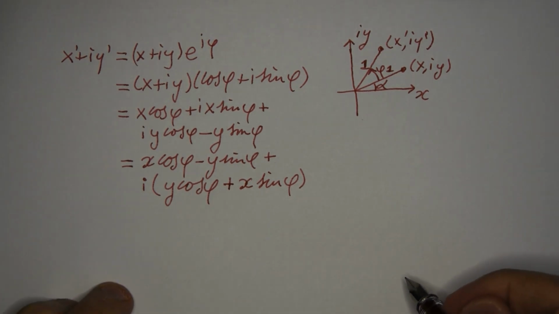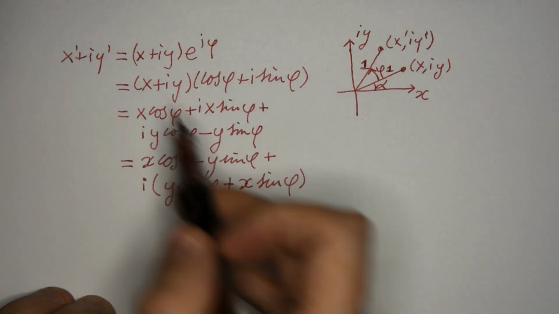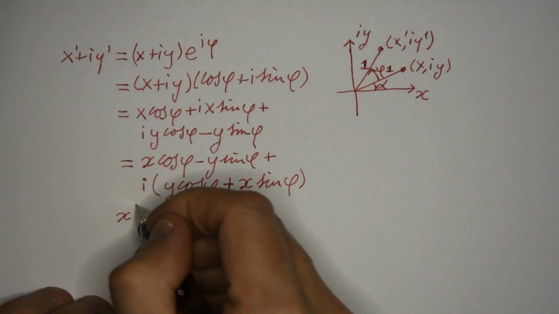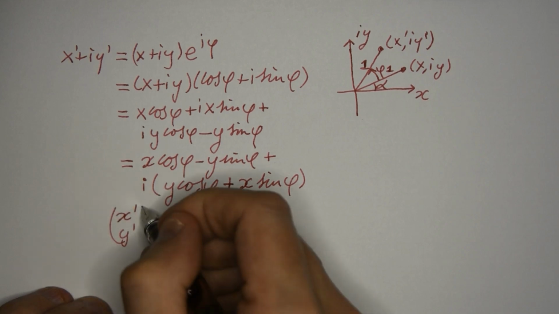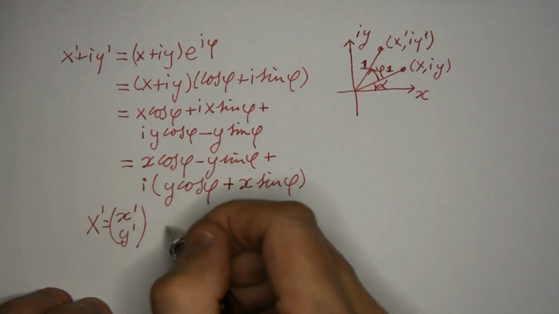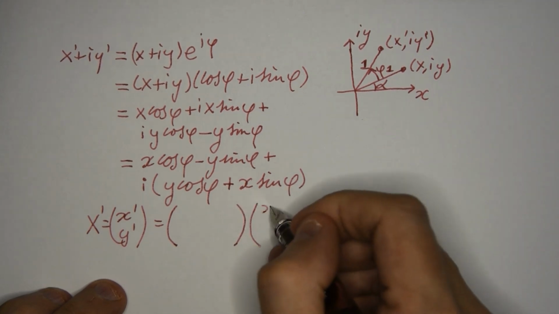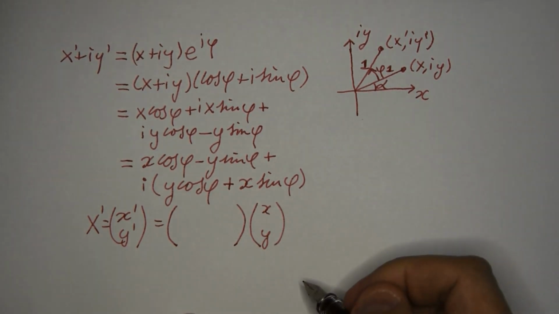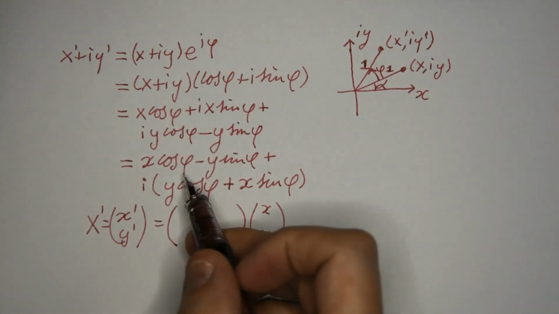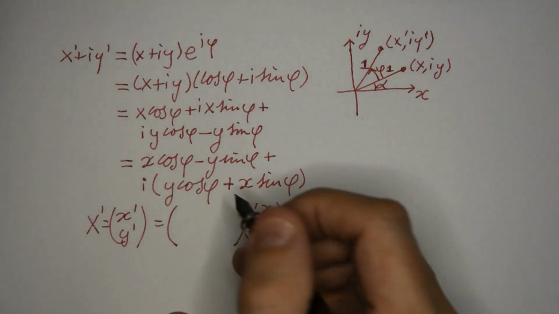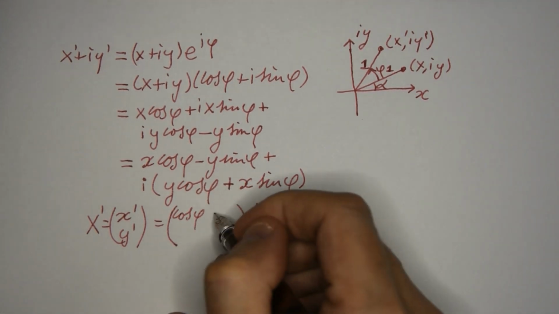There. Right? And now we can compare real and complex values and immediately put it into a matrix like we did before. So we get x-accent, y-accent, big matrix, equals rotation matrix times x, y. And we're going to compare real and imaginary values. x-accent is that, and we see that that's exactly the same as what we had before.